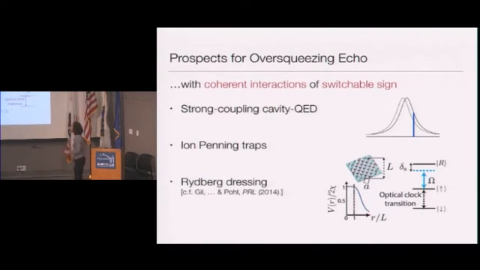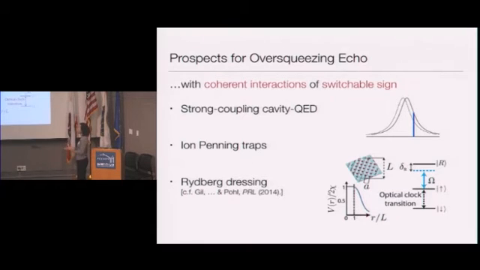There's still some room to push this towards the vision of getting close to that Heisenberg limit and really making those optimal non-Gaussian states. And so we're excited about the possibilities of strong coupling cavity QED. But again, this type of interaction is quite common in a variety of physical systems. And these oversqueezed states have recently been compared in ion Penning traps.